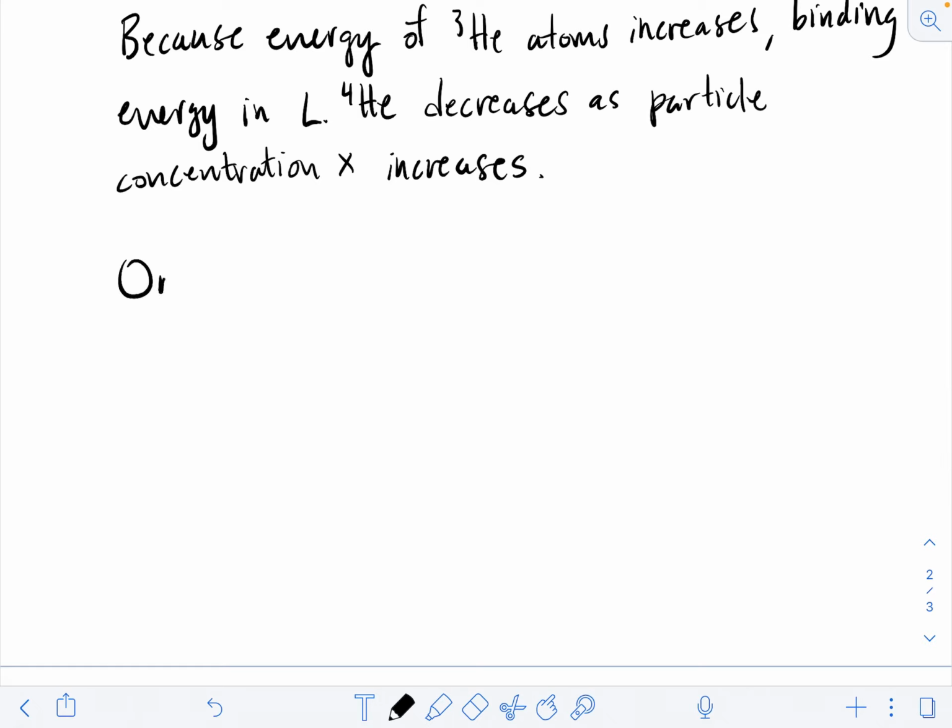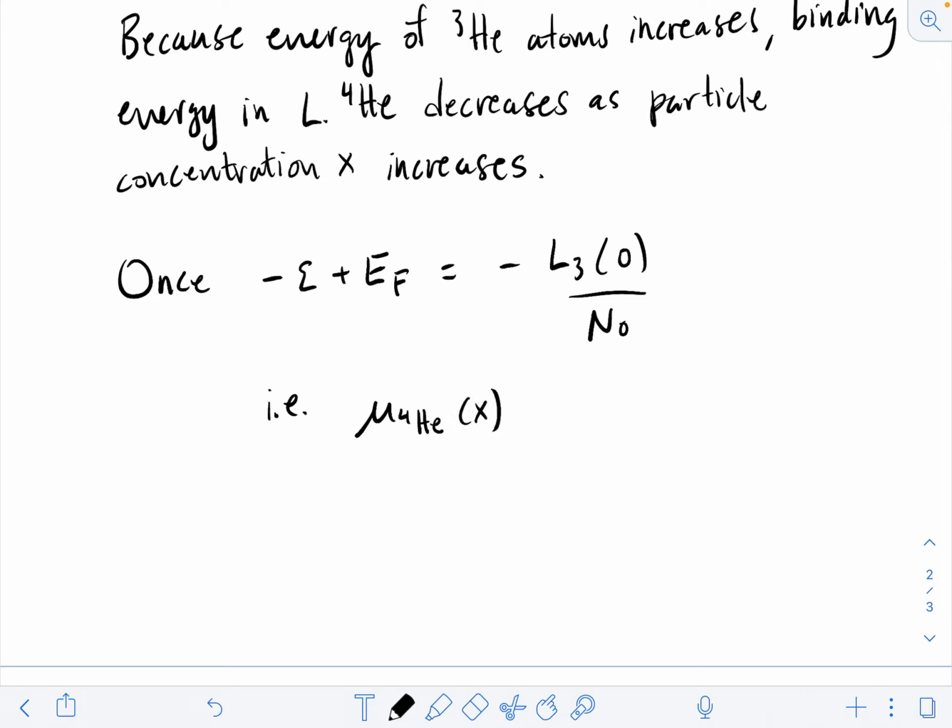Okay, so once the binding energy in helium-4 becomes equal to the binding energy in helium-3, so in other words, the chemical potentials, and so the chemical potential of helium-3 atoms in liquid helium-4 is dependent on the concentration, and the chemical potential of helium-3 in helium-3 is some constant.